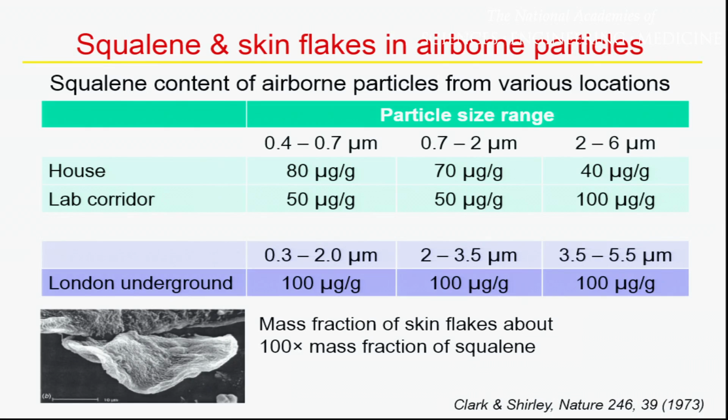And those skin flakes that we shed, they're about 1% squalene by weight. So Clark and Shirley used their squalene levels to argue that the airborne PM was about 1% skin flakes by weight. Now, since they did this study, there have been many other studies that have looked at the same question, and they basically support the observations of Clark and Shirley with substantial refinements.